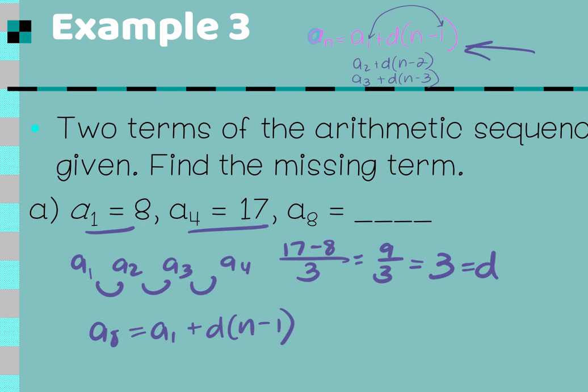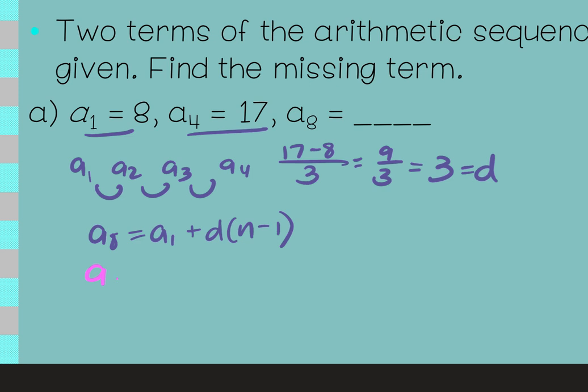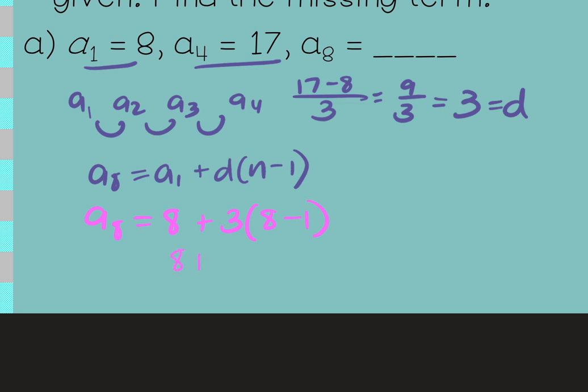You could use either one. So now I'll plug in my a1 is 8, my d is 3, and n minus 1, and n is, this time, 8. 8 minus 1. So I get 8 plus 3 times 7, 8 plus 21, which is 29.